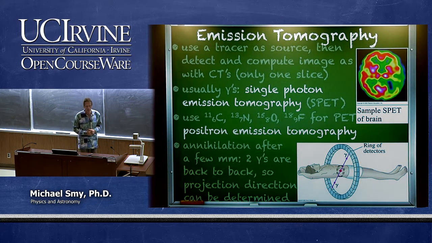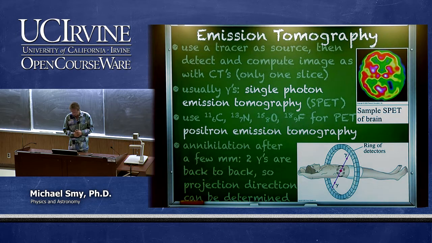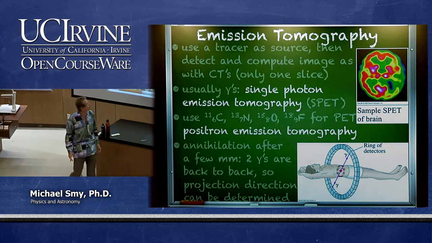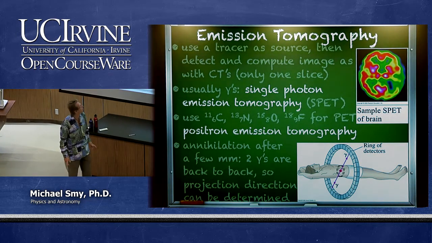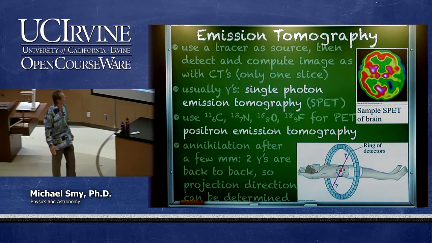Usually one uses gamma emitters as the tracer because gammas are transported the easiest out of the body. So this is called single photon emission tomography, or SPET. And on the top you see a scan of a brain with a particular brain disease as a sample.